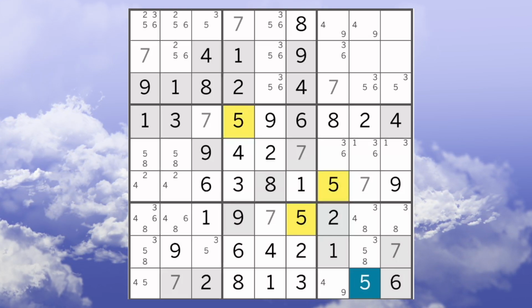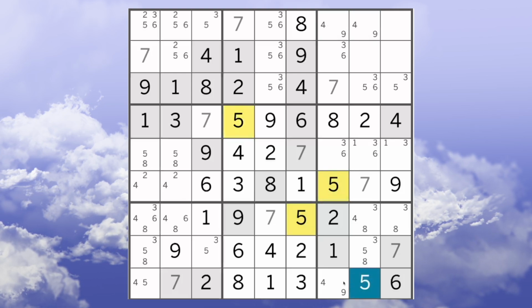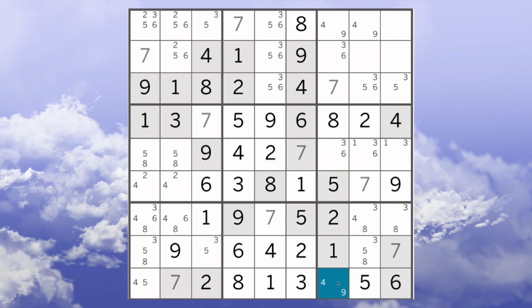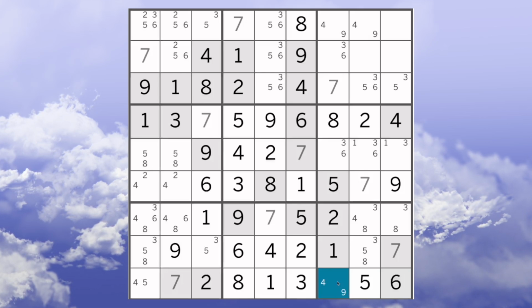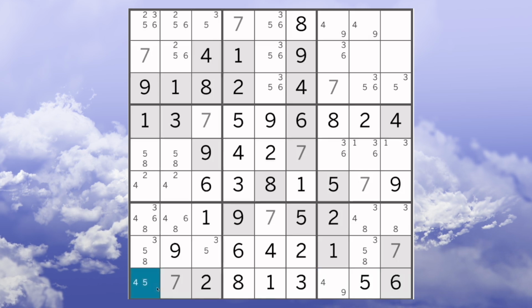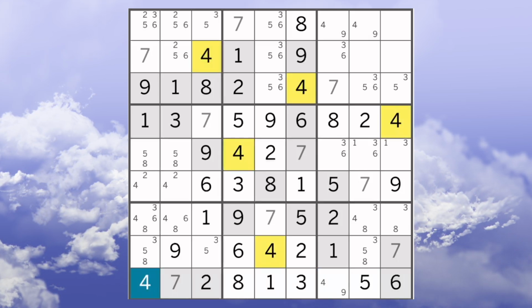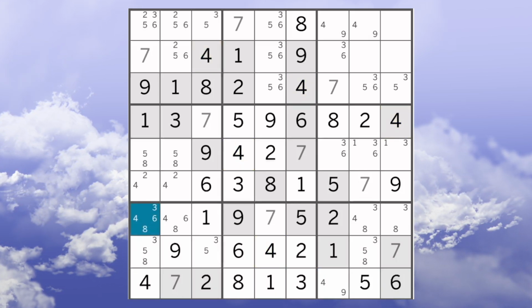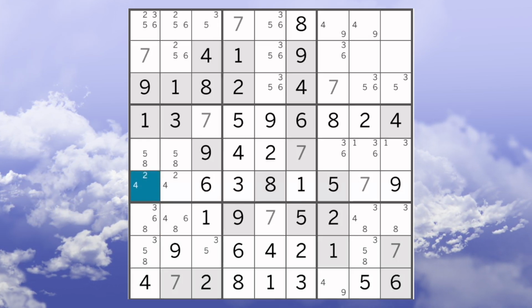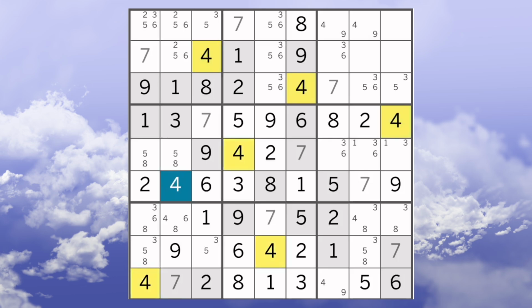To keep this situation where these 4 squares have 2 possible answers, which makes that a 4. And that a 2, a 4.